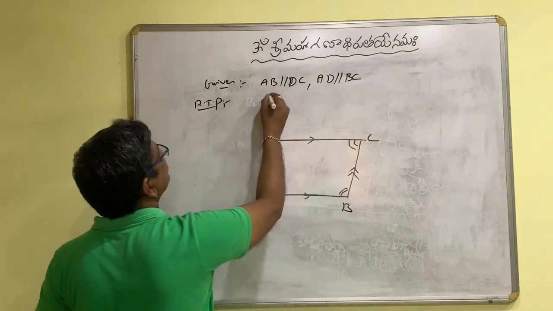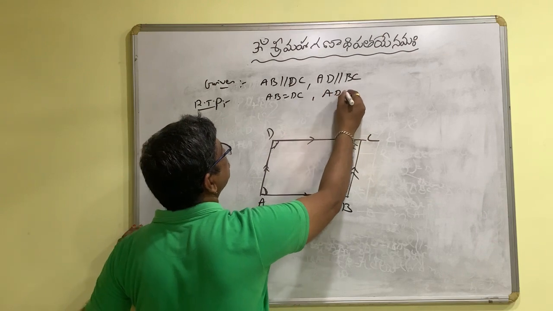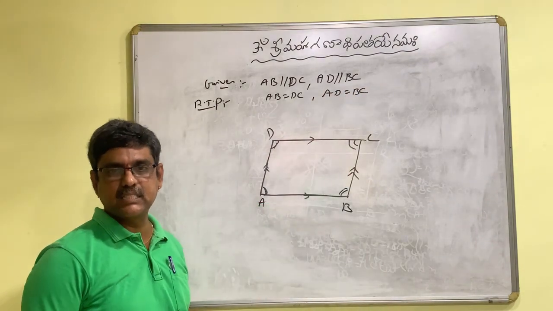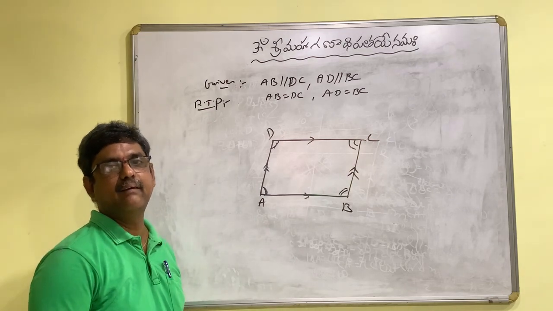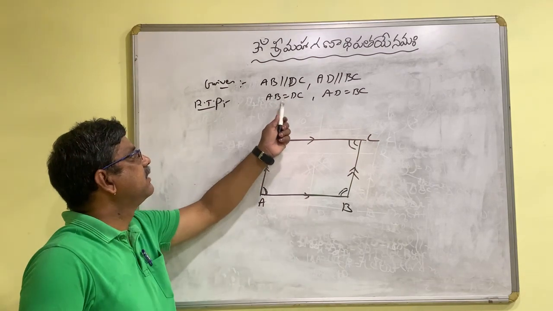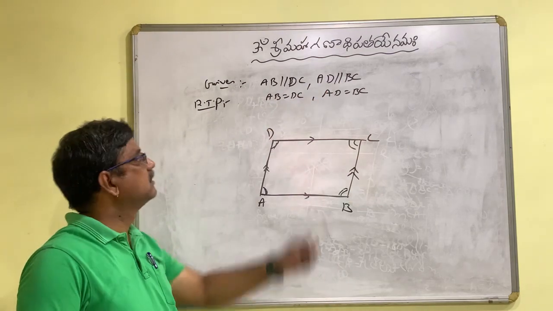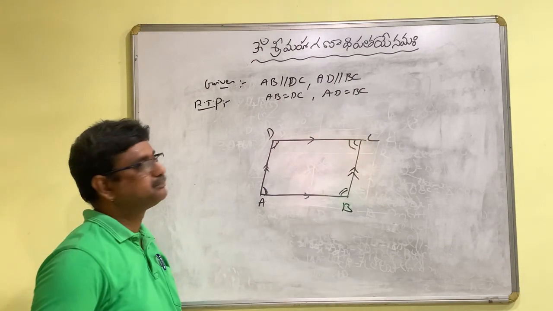Not only that, opposite sides are parallel and equal also. To prove the fifth property, we have to consider opposite sides are parallel as well as opposite sides are equal also. Okay na?